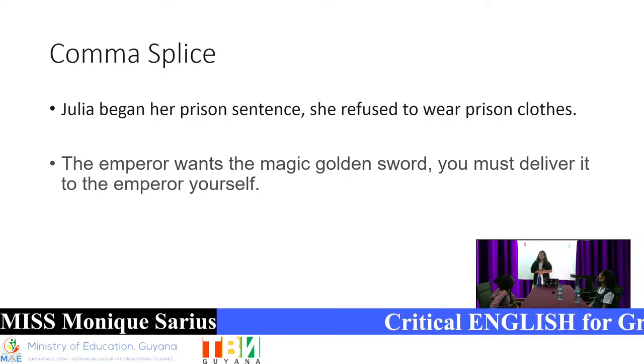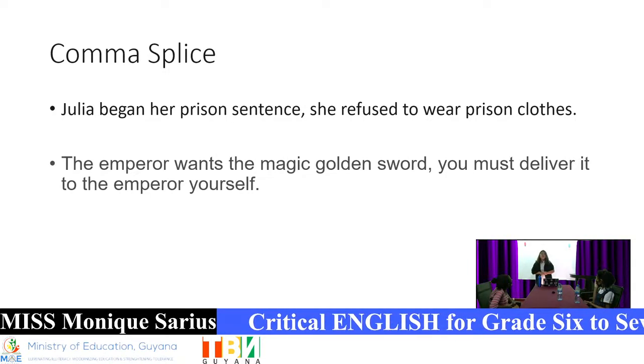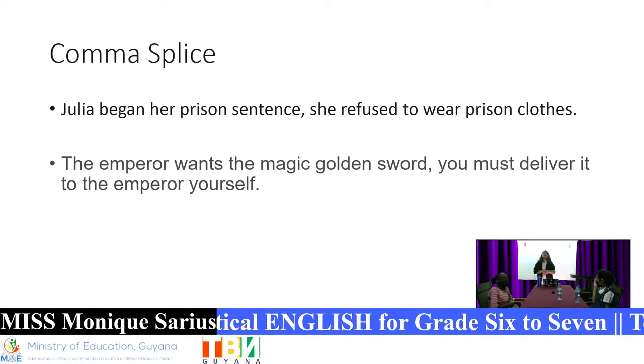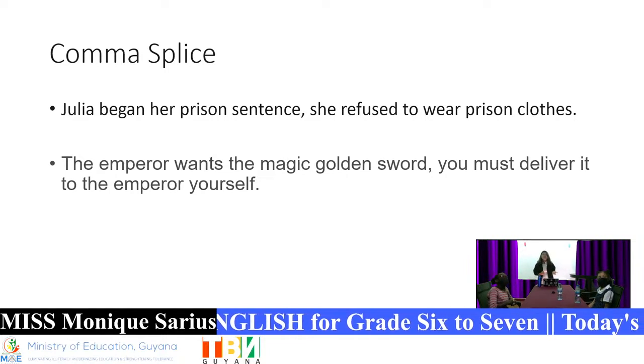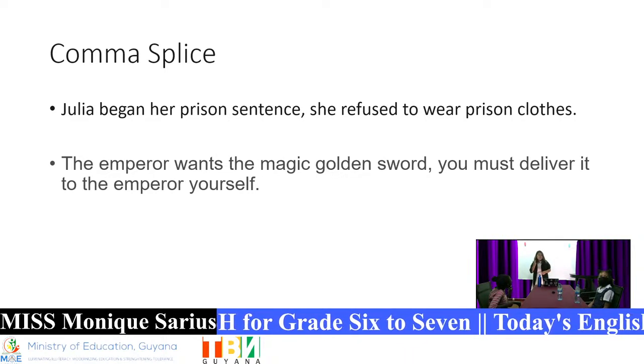Conjunction? You can use a conjunction, yes, because you can say and, right? So you can use a conjunction. The emperor wants the golden sword, so you must deliver it to the emperor yourself. Yes, that can work as a conjunction. The other one, Julia began her prison sentence and she refused to wear prison clothes. So that can work, yes. So that's the second way we can solve this one.